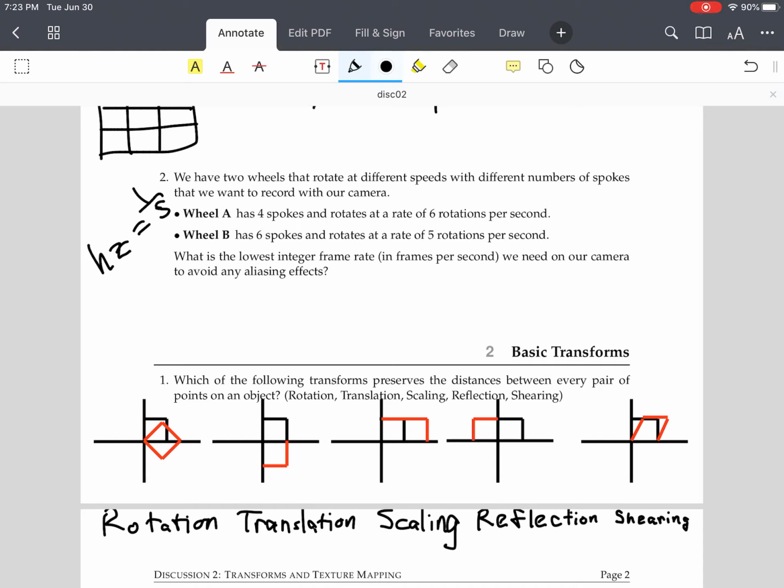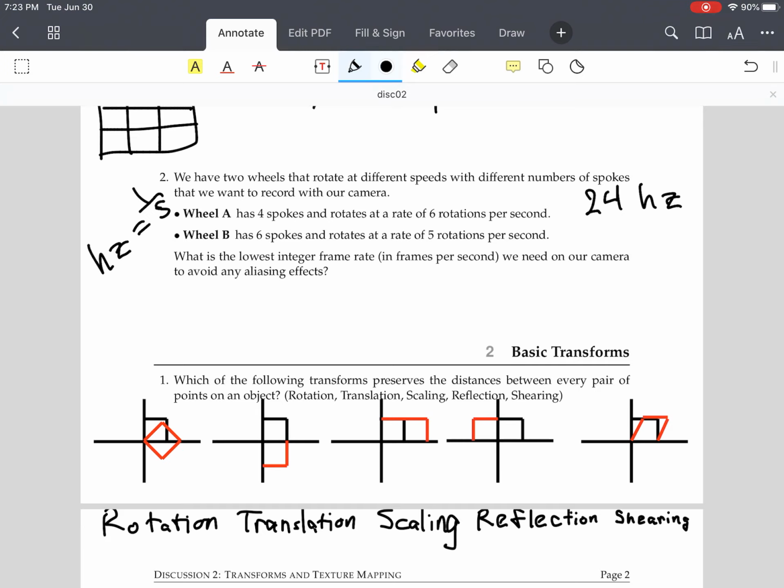Wheel A has 4 spokes, so it looks the same 4 times per rotation, and it's going through 6 rotations per second. So it's going to look the exact same 24 times per second. So wheel A is rotating at a frequency of 24 hertz.